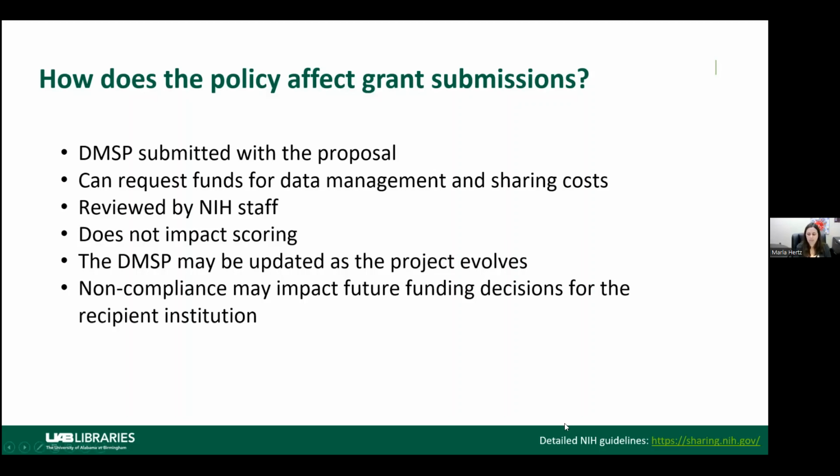And this is a great website, sharing.nih.gov, that has details on all of these new guidelines and the new policy, and lots of information as they're continuing to develop more information about this and clarify how the policy is going to work.